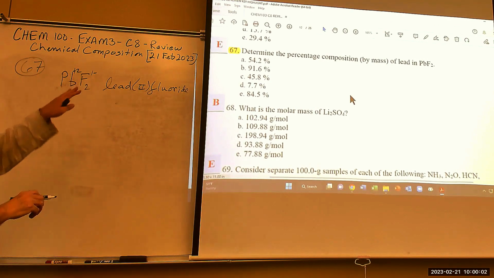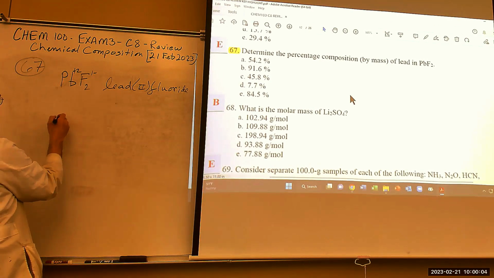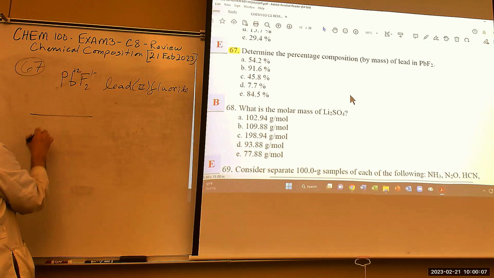All right, now that doesn't answer the question. What we need for the question is what's the total mass, and then what's the mass of lead?